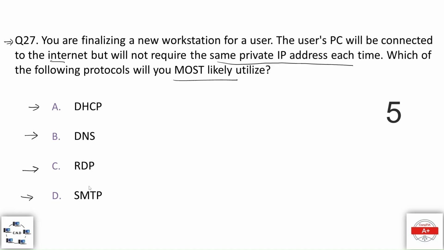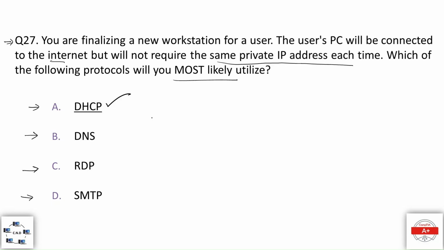So the correct option here is DHCP: we are talking about assigning a random IP address to the client, and this is done through dynamic host configuration protocol. Let's suppose we want the user to have the same IP address each time; for this we have a provision in DHCP, and we can also use static IP addressing.